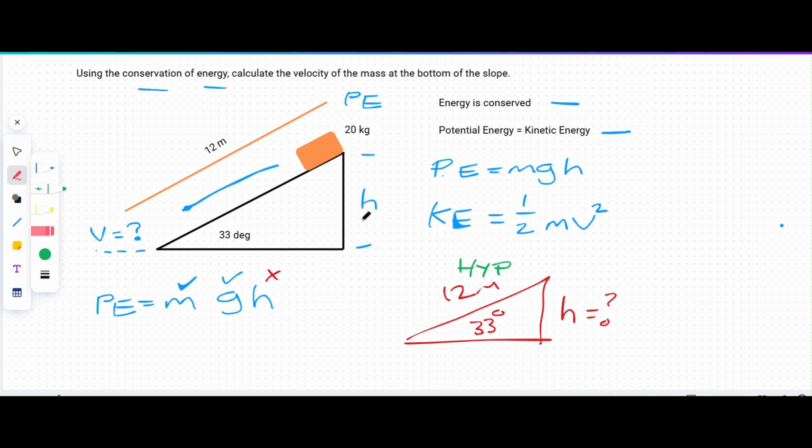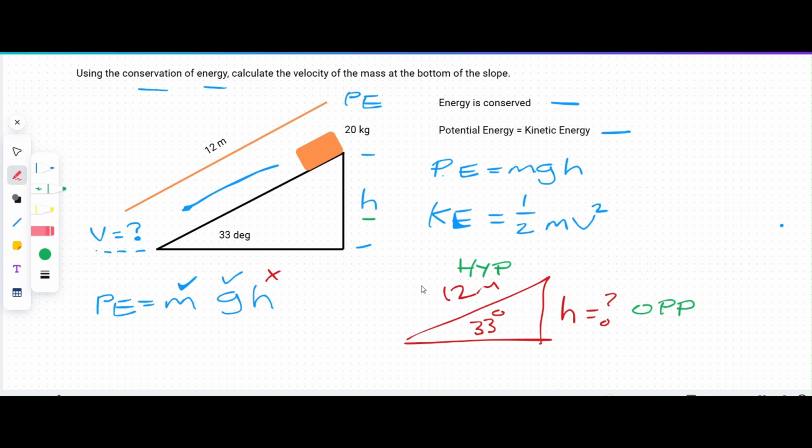Because it says height, not hypotenuse. So the 12 meters is the hypotenuse. There's my angle. This side here is known as the opposite because it's opposite the angle and we need to find it. So H stands for height, hype stands for hypotenuse, 33 degrees. We've got to use a bit of trigonometry.